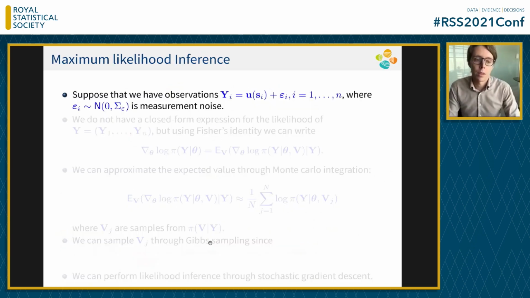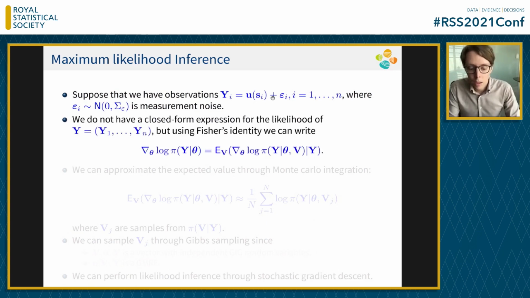For instance, it allows us to do maximum likelihood based inference. If we go back to the model that I started with, and assume that we have some noisy observations of a field like this, then it turns out that we cannot get a closed form expression for the likelihood of this data, but we can get an expression for the gradient of the likelihood.